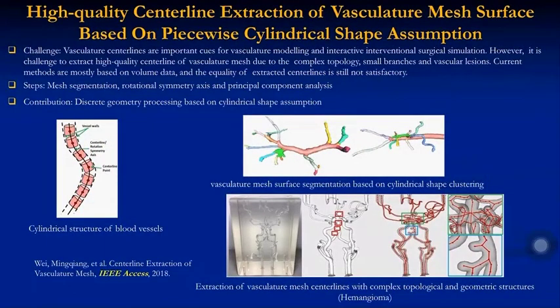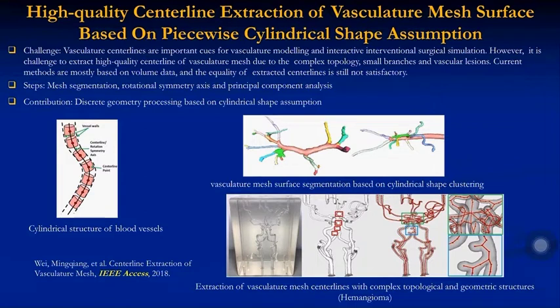Another work is about high-quality centerline abstractions of vasculatures mesh surface. It's quite common that we need to construct vascular structures such as in vascular intervention procedures. So in here, we adopt the steps that includes mesh segmentations, rotational symmetry axis, and principal component analysis.